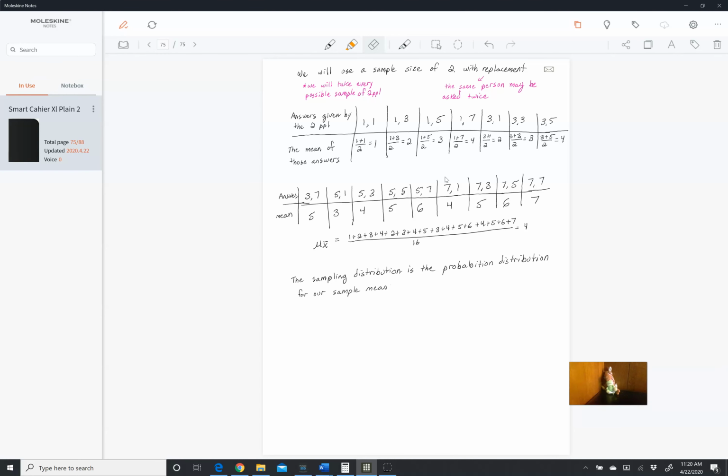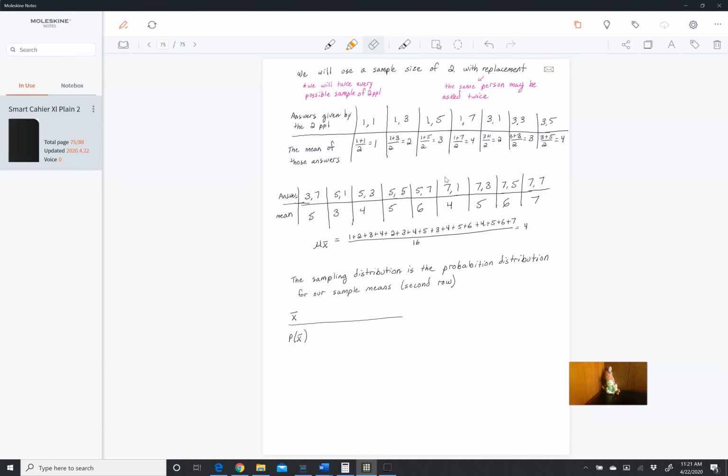Okay, essentially it's the second row, right? So our first row is X bar, and then we have the probability of X bar.